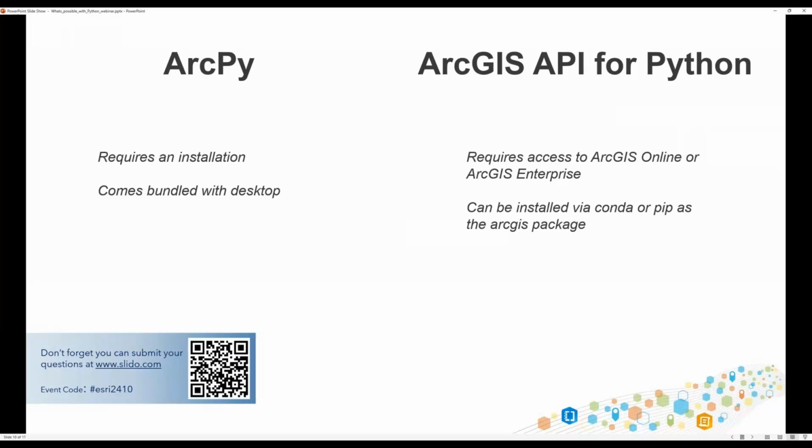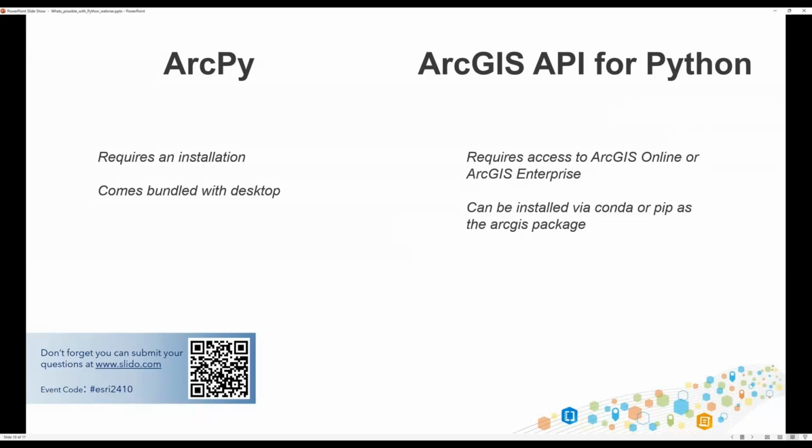So in terms of those 2 options, we've got ArcPy and ArcGIS API for Python. The ArcPy library requires an installation, but it does come with desktop, so with both ArcMap and also ArcGIS Pro, whereas the API for Python does require access to ArcGIS Online or ArcGIS Enterprise. You can install it and run it standalone via Conda or pip as well.